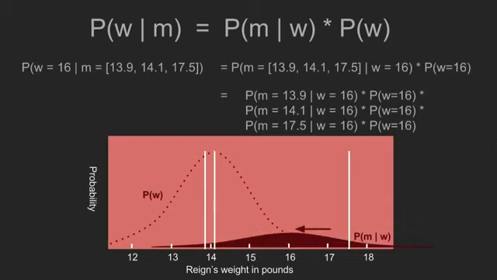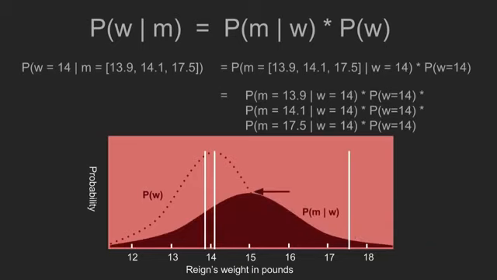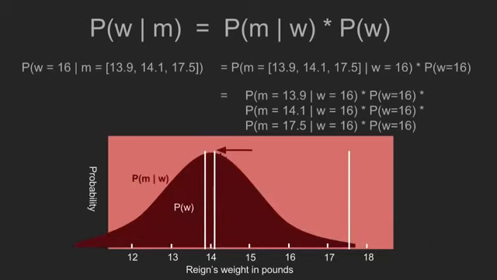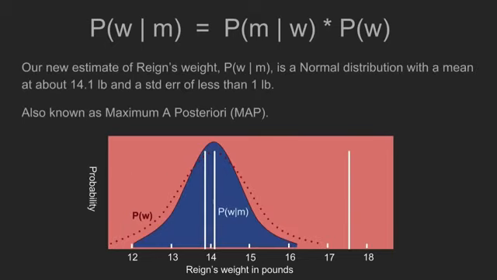And now we repeat this process at 16.5 pounds and 16 pounds and 15.5 pounds and 15 pounds all the way through. And then by the time we're done, we tally up all of those and we get this new posterior distribution. It's normally distributed at about 14.1 pounds, and it has a standard error of less than a pound.